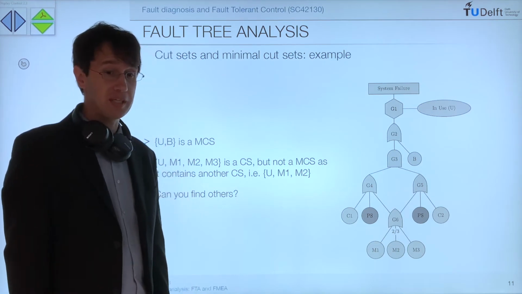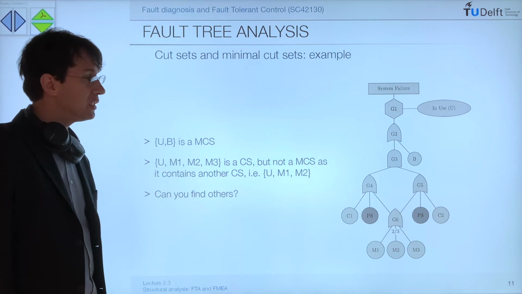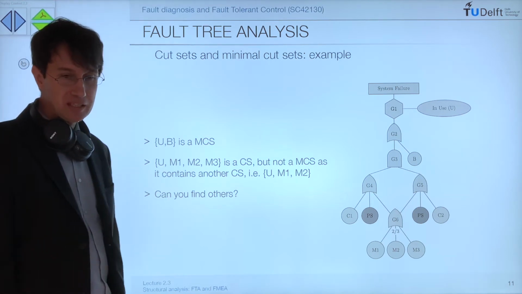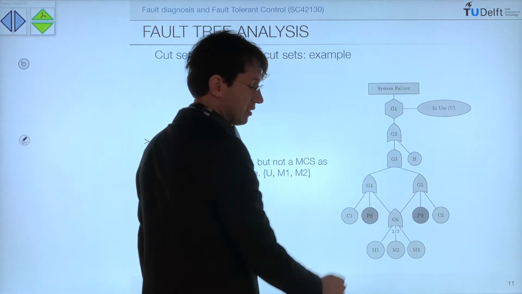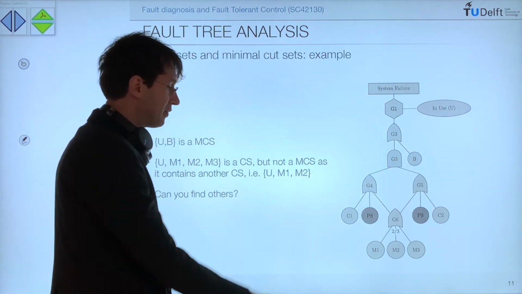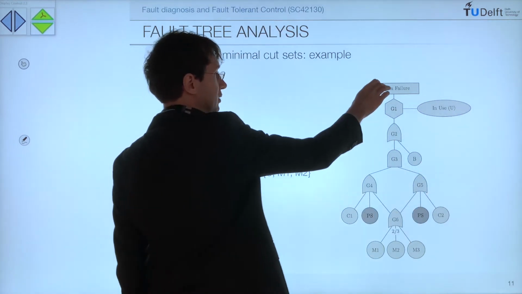If it is not working, the entire computer is not working. But it's easy to see that you can find another minimal cut set if instead of the bus, you consider the power supply. So the power supply and the fact that we are using the computer is leading to system failure.